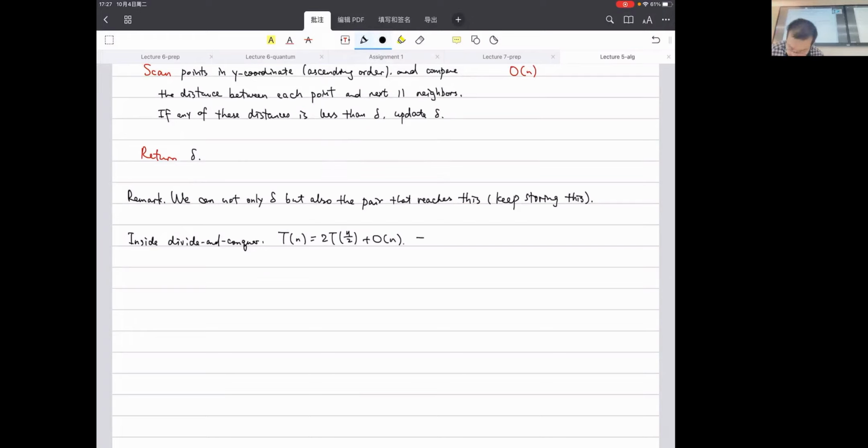And this gives the closest pair in O(n log n). So this basically finishes the discussion of the closest pair problem.